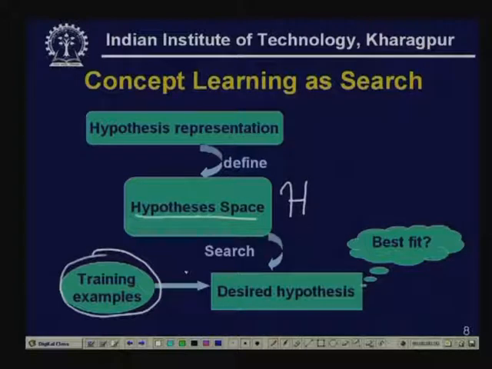Now, how do we get the hypothesis space? We have a set of attributes or features, let us say A1, A2, ..., An are the n attributes. The hypothesis space is defined in terms of these attributes, and the representation that we choose to represent the hypothesis defines the hypothesis space.